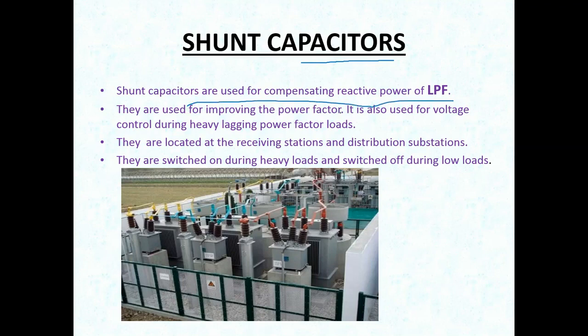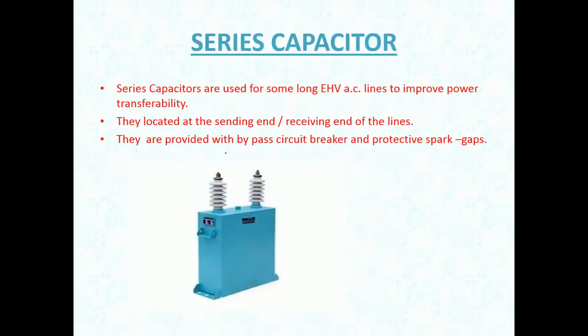In substations we use shunt capacitors; series capacitors are also used, but series capacitor installation problems will occur. Shunt capacitors improve the voltage level by improving the power factor, whereas series capacitors directly inject reactive power. What is the difference? All this will be in unit 4 in electrical distribution system.